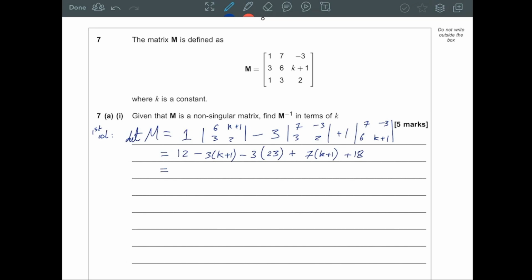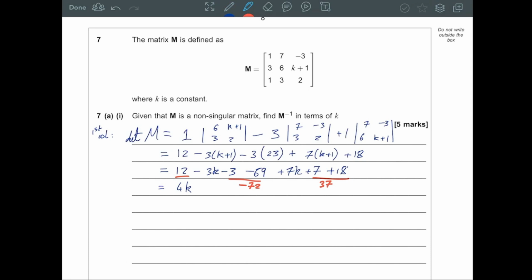Let's expand and simplify. I might as well just expand everything first. 7 plus 18. Now I need to do the actual simplifying. I've got 4k's, got minus 72, and I'm adding on my 18, 25 and 37.